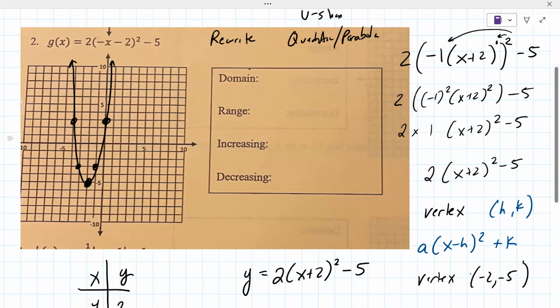Domain is always all real numbers for parabolas. Do you remember anything about the range, which is the y values here?